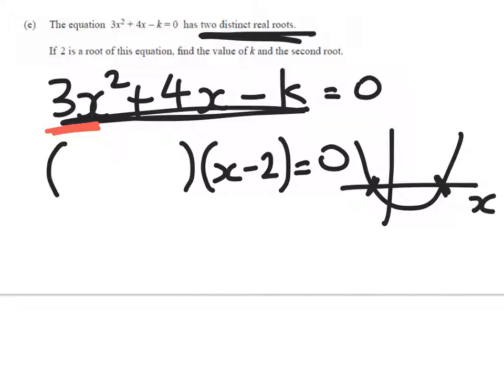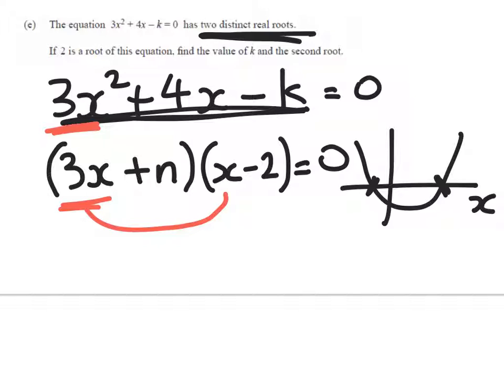Since the first term is 3x squared, the only way that we're going to get a 3x squared will be by having 3x here. And we're going to put in here plus some number that we don't know yet. Now, the next step is to say, okay, what happens if I expand this out?